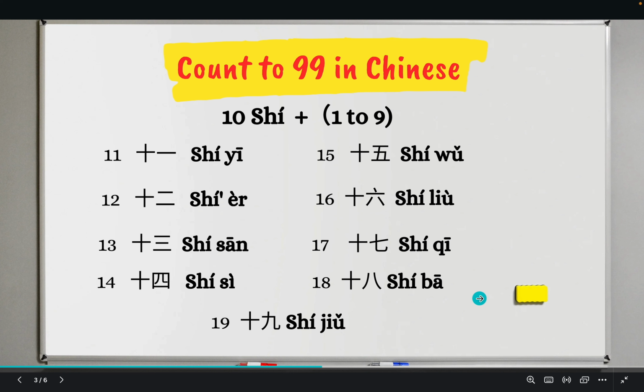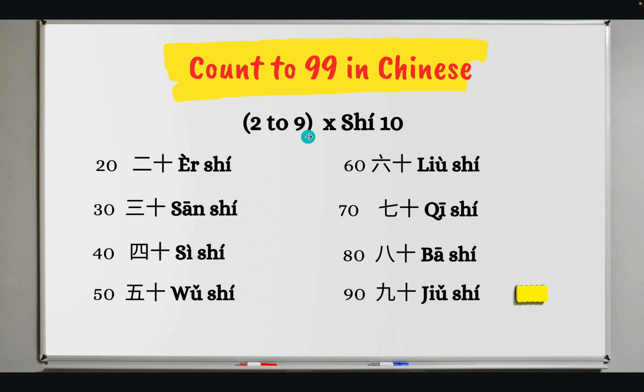Very good. Now, the numbers 20 to 90 are just going to be 2 to 9 times 10.